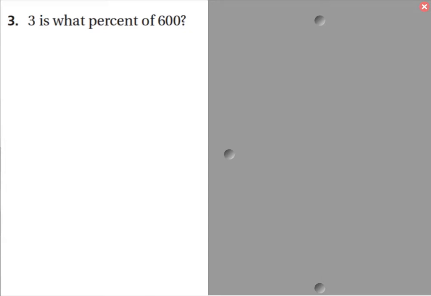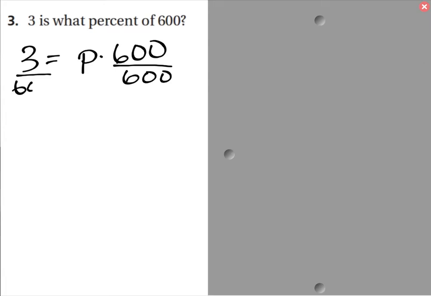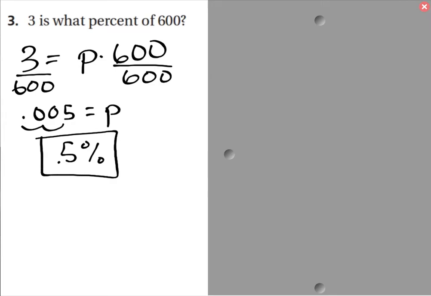3 is what percent of 600? We can divide both sides by 600 to get the percent by itself. The percent equals 3 divided by 600, which is 0.005. Move the decimal twice, and this is 0.5%, half of a percent.